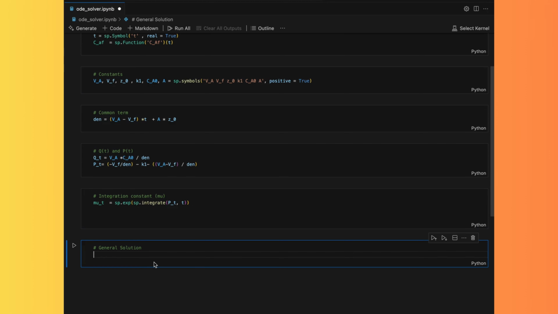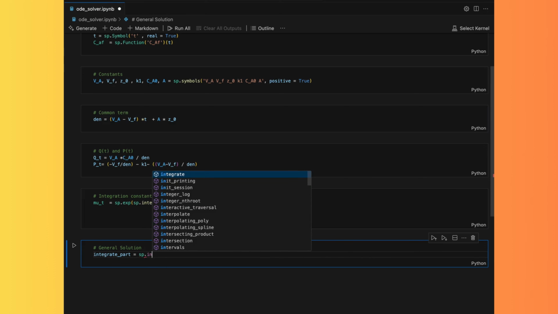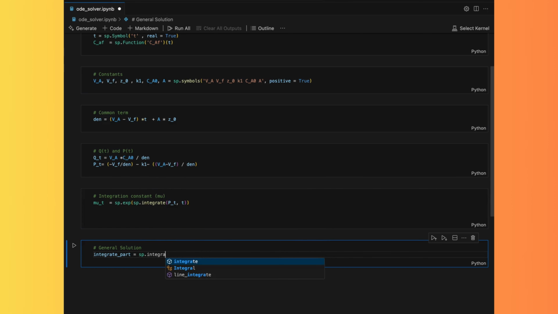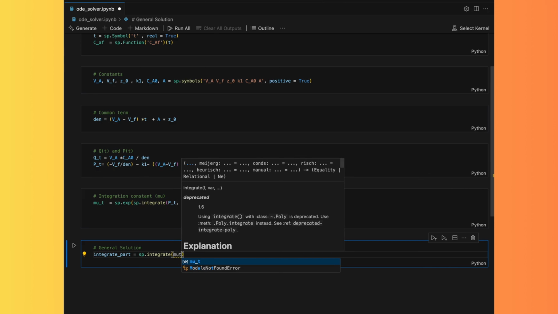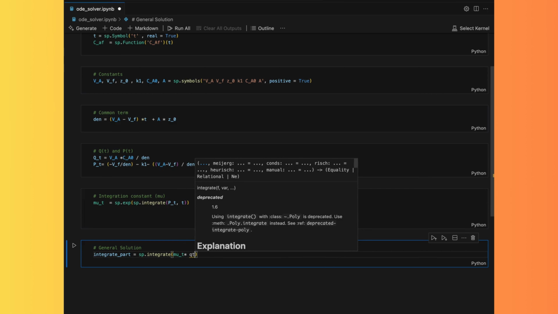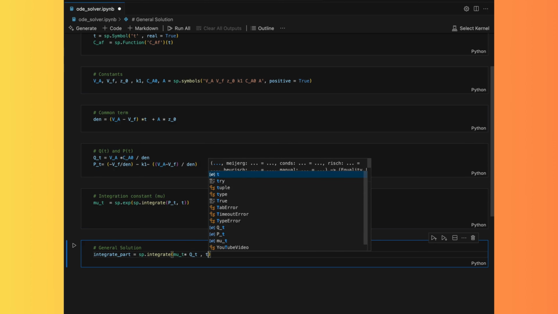Integration part first, let's say. The integrate part is sp.integrate of mu t times QT with respect to t.